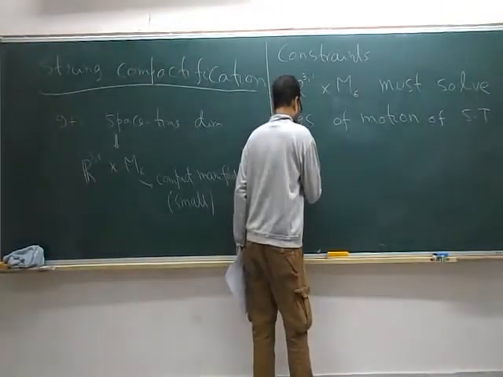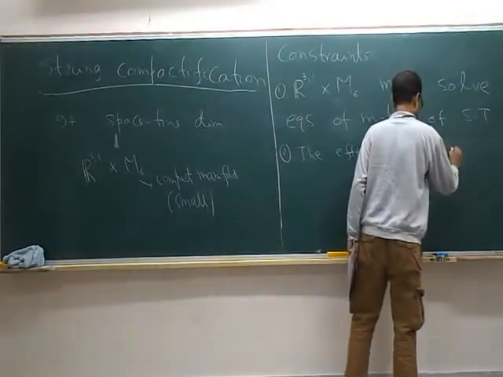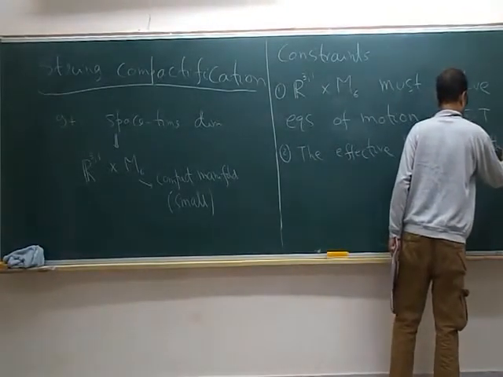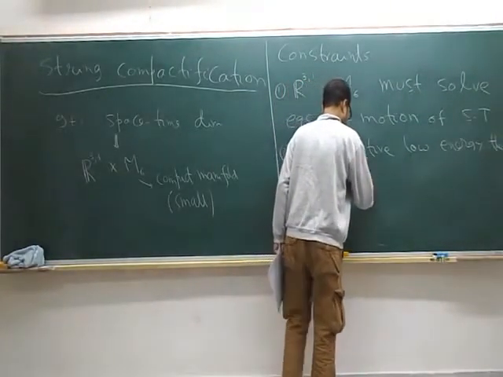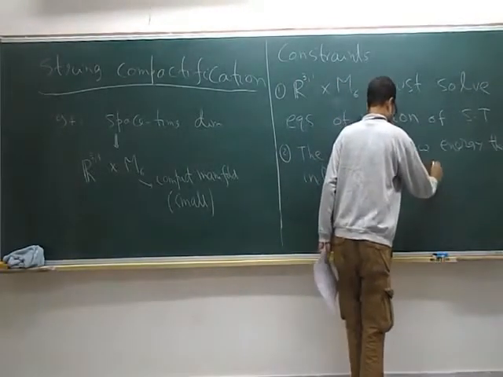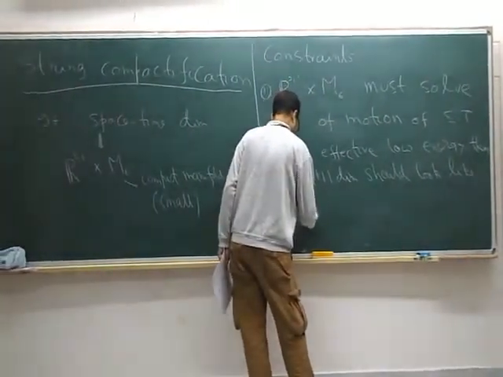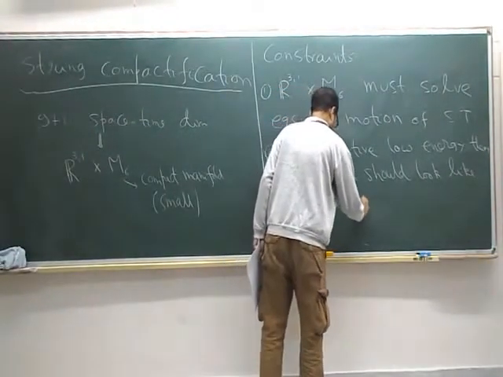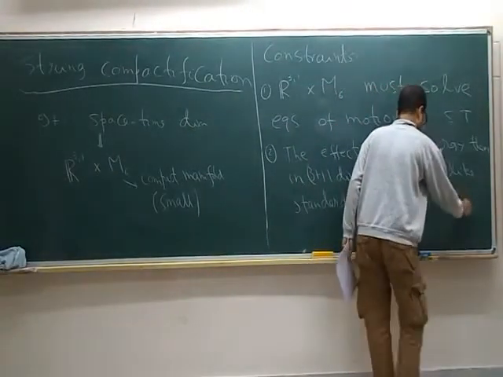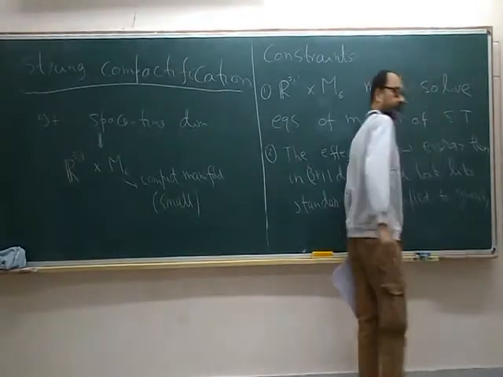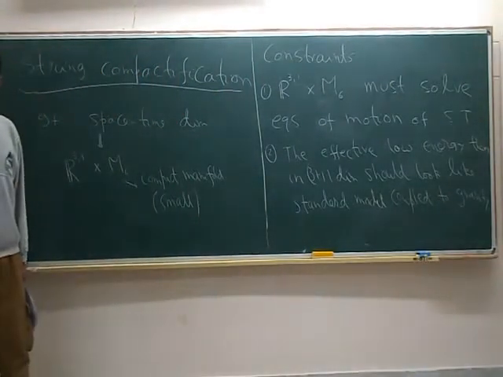So the effective low energy theory in 3+1 dimensions should look like the standard model coupled to gravity.